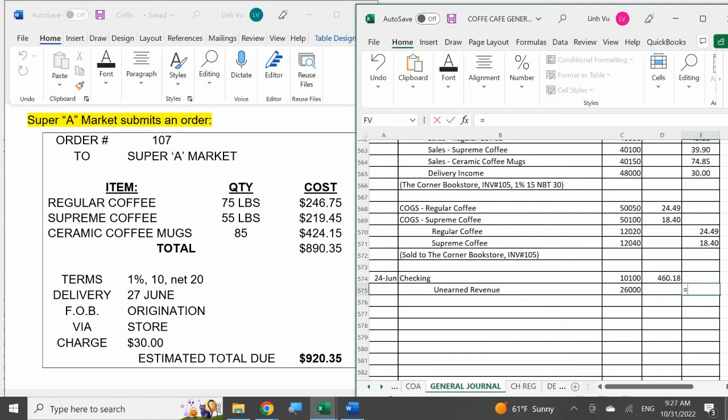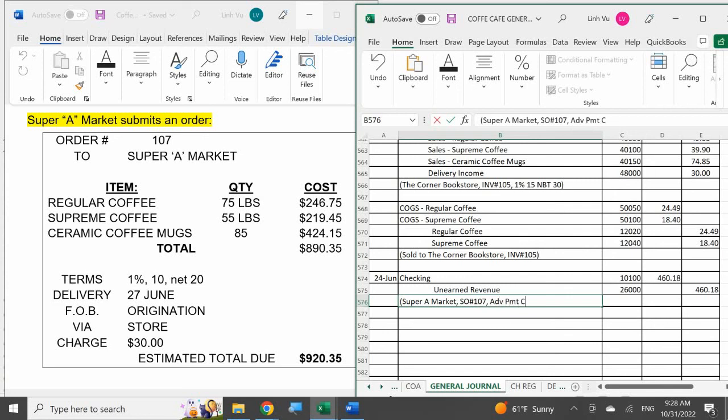Okay, so good. Now we should have everything that we need for this, right? We have the person, Super A Market, and this is for sales order number 107. It's an advance payment.